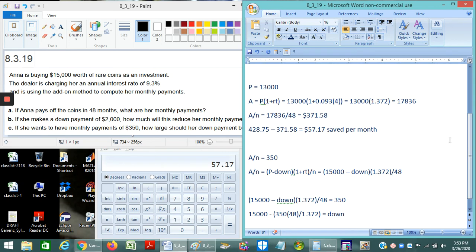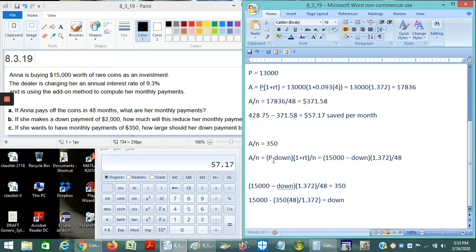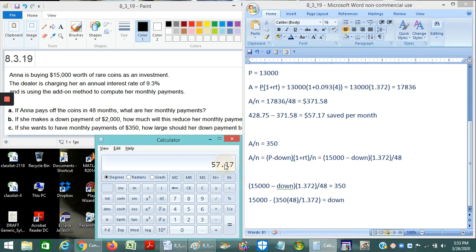So let's see what her down payment should be. So if we type it in here, then we have 15,000 minus parentheses 350 times parentheses. I have an 8 in there, so I did something wrong.